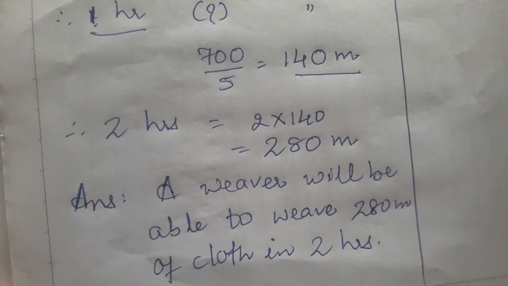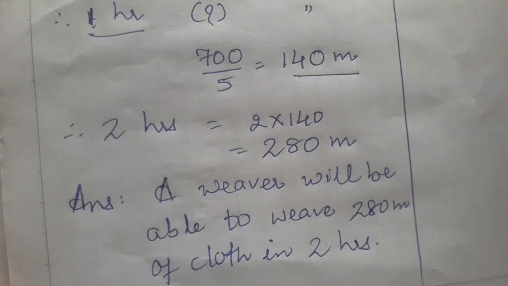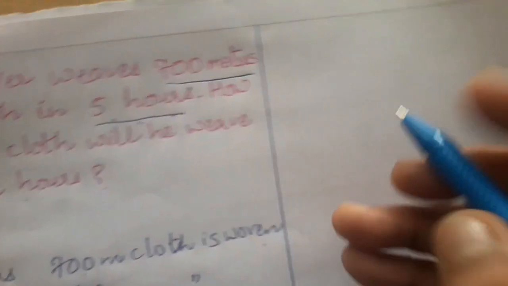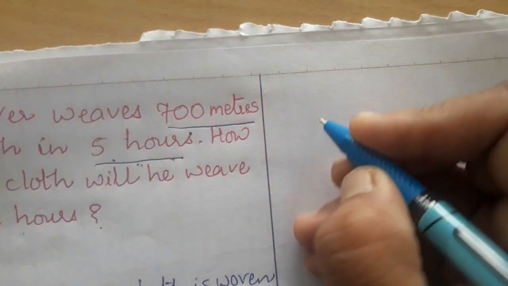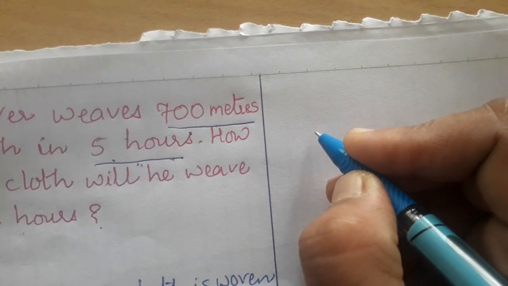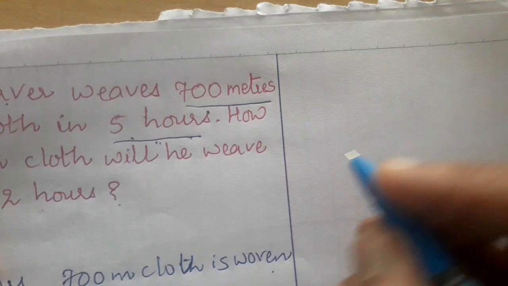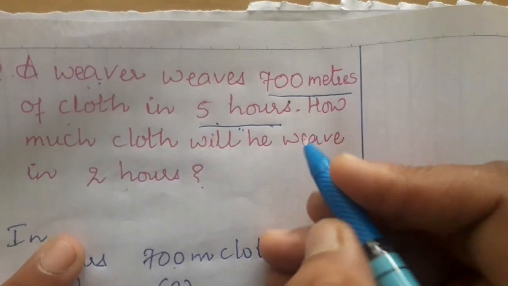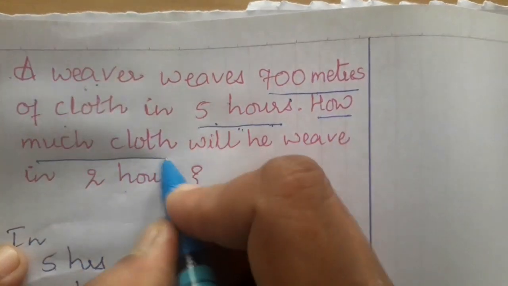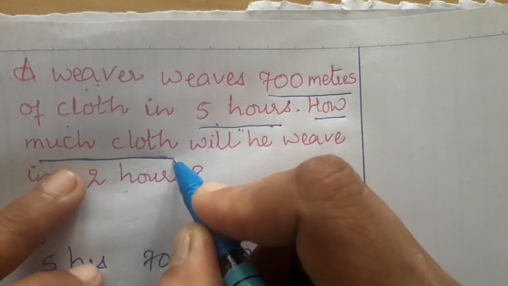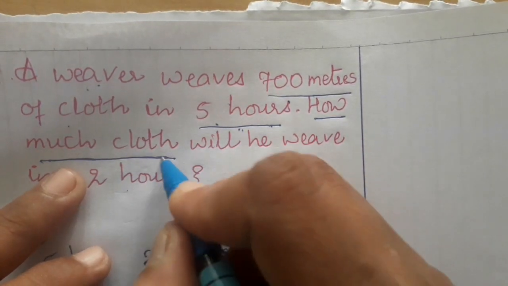Now the same thing, how you can do it in another way. Just write the two things, that is, here two types of quantities are given. One is time and the other is meters. So what you will do is, how much cloth, that is, you have to find the quantity in meters, right? So whatever you have to find, write it on the right side.